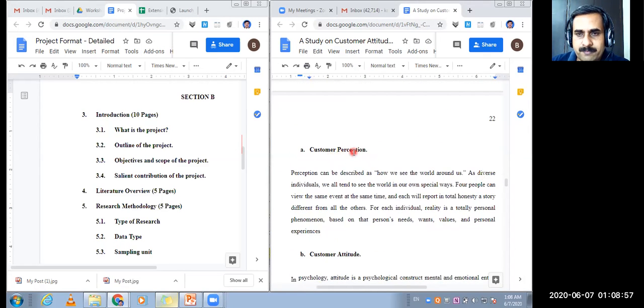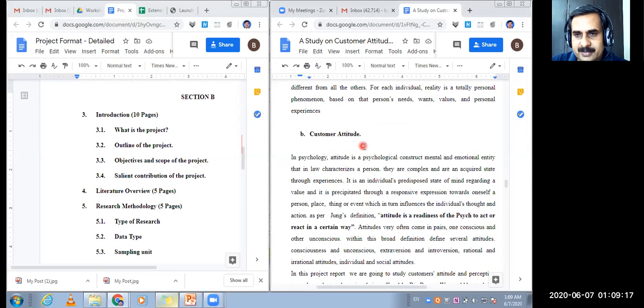But if you move further, I have started defining different terms in my summer internship project report. My project was a study on the customer attitude and perception towards product and services offered by Big Bazaar. So I am defining customer perception, then I am defining attitude.